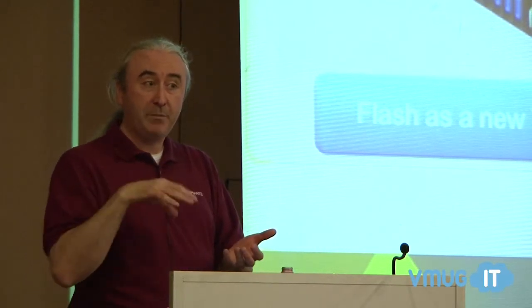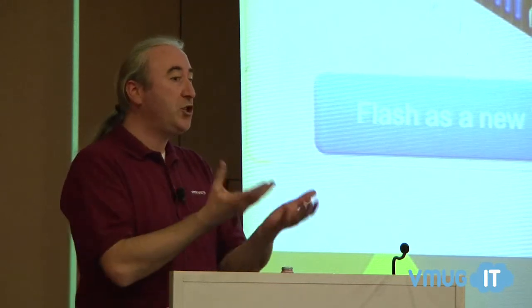Now, we do have the whole infrastructure, so this allows our third-party partners to also plug in here as well. Think of it as like the pluggable storage architecture, the PSA that we have for our I/O stack. While we ship with some native plugins, the native multipath plugin and so on, we also allow third parties to plug in there, like EMC's PowerPath.